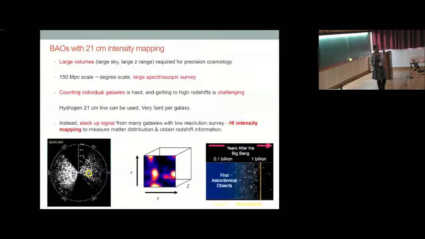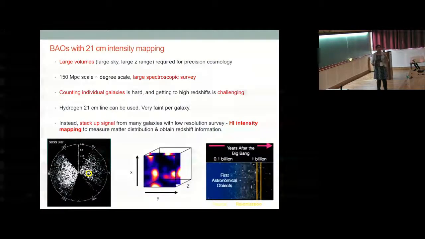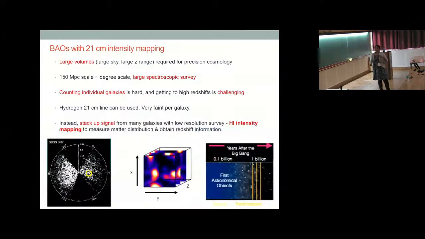So Teeth already gave a very nice introduction to intensity mapping. For BAO measurements, since we need a large volume, intensity mapping becomes very popular. If you are measuring individual galaxies, the H1 21 centimeter line in individual galaxies is very weak. So instead, we stack up the signal from different redshift bins.